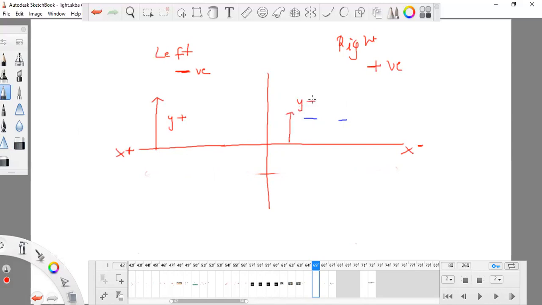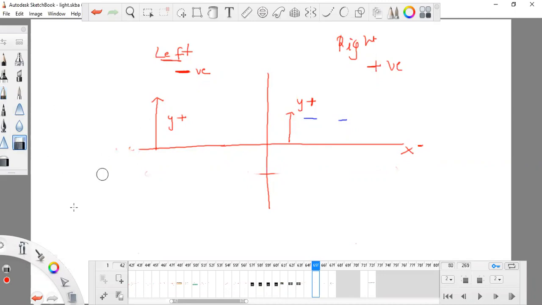The x-axis is negative at left, remember.